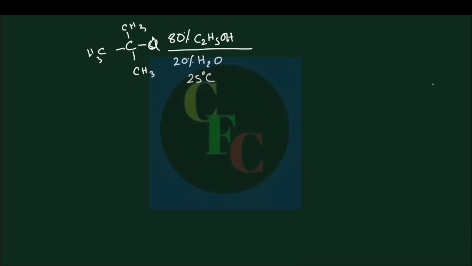Now if we take the same tertiary butyl halide and subject it to a mixture of 80% ethyl alcohol and 20% water at normal temperature, that is 25 degrees, then interestingly we have two kinds of products. Greater than 80% yield is the substitution product, and less than 20% we get the elimination product.